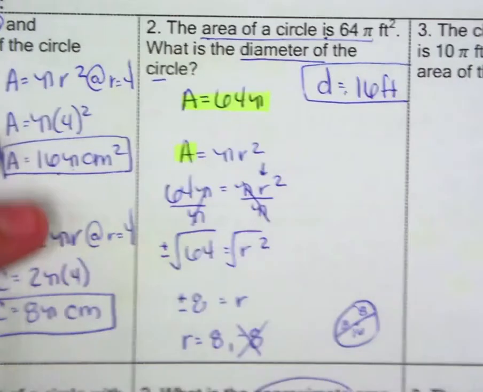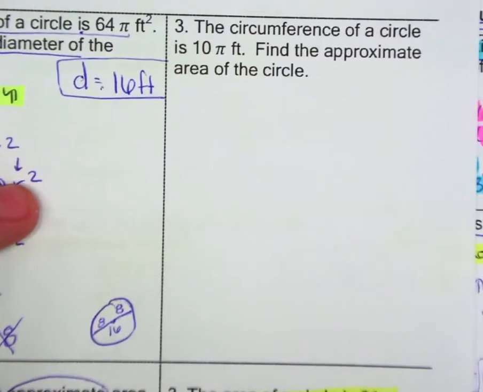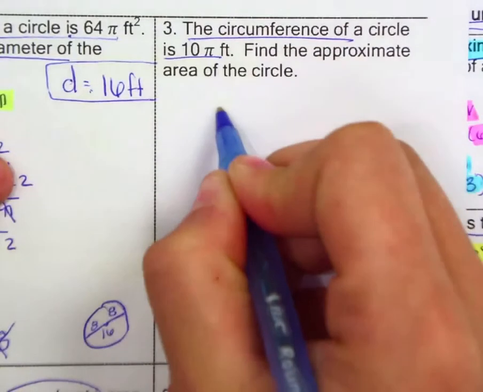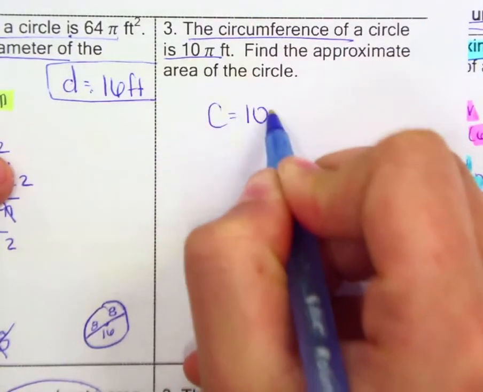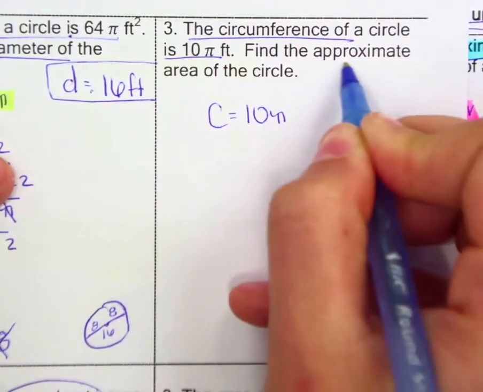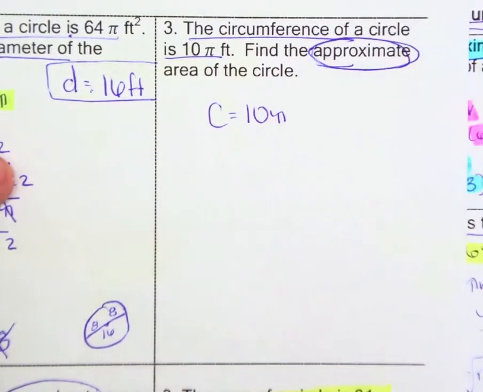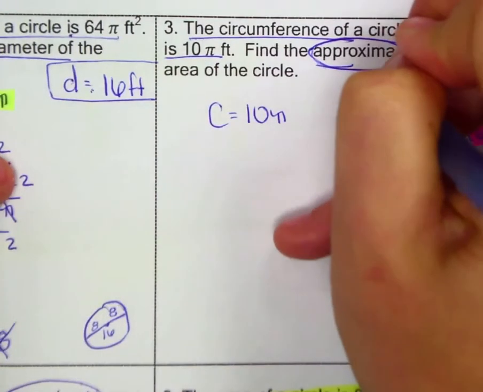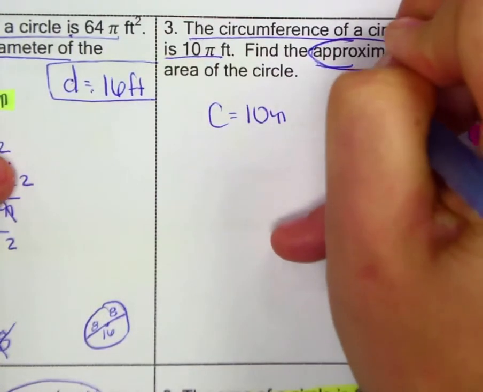Okay. Last one. The circumference of a circle is 10 pi. Find the approximate area of a circle. So whenever we see this approximate sign, that means that we want to get rid of the pi.